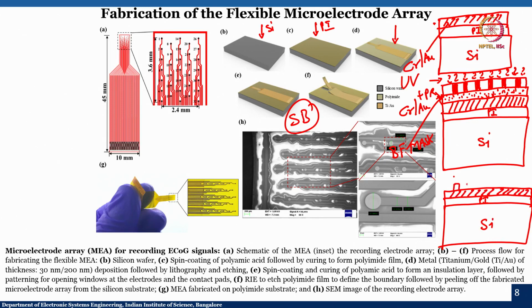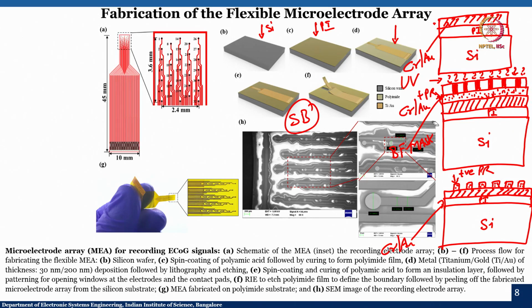Your photoresist will stay like this. And what is this? This is your chrome gold and below that is your PI. This is what you get. Why? Because you have a bright field mask and you have positive photoresist. So, whatever the patterns are on the mask will come on the photoresist.